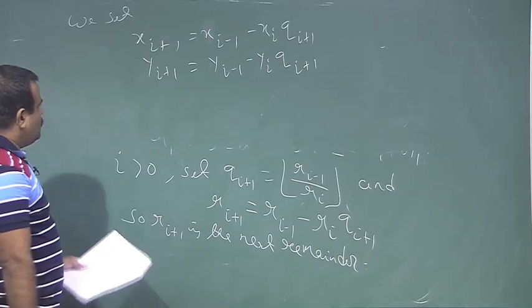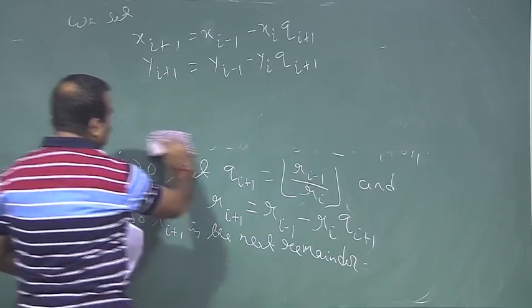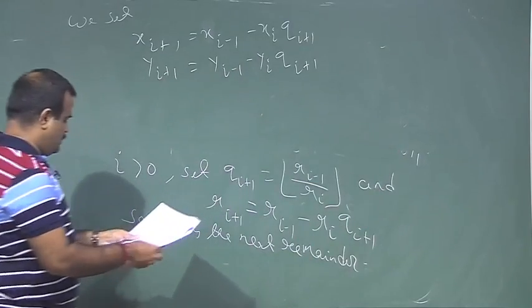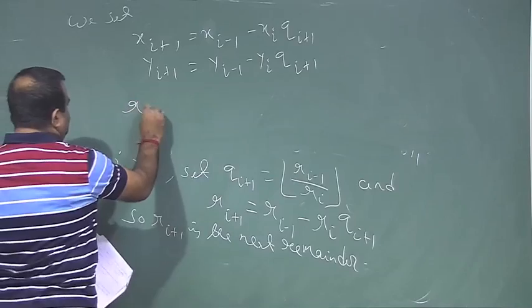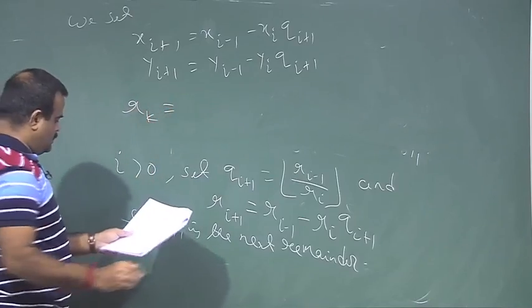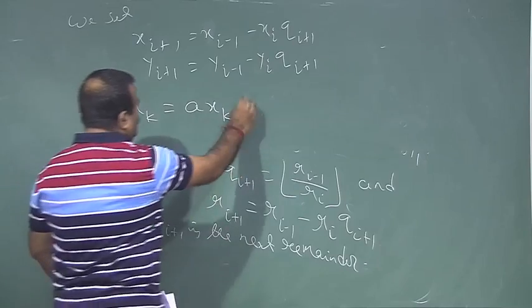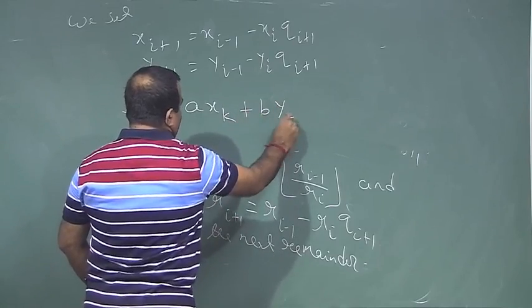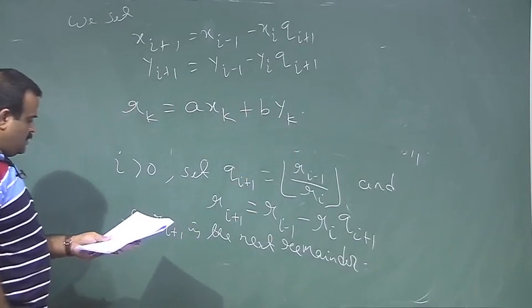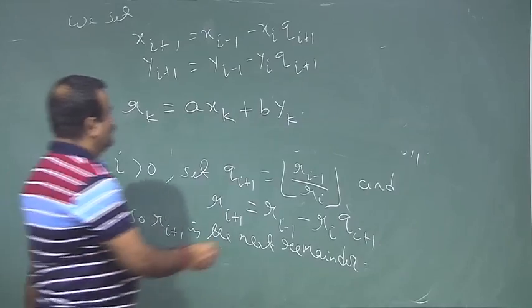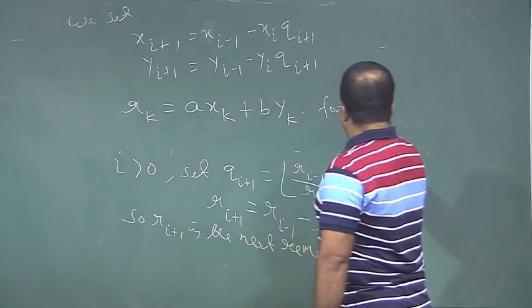Now, we have to show by mathematical induction that r k is basically a x k plus b y k for all integers k.